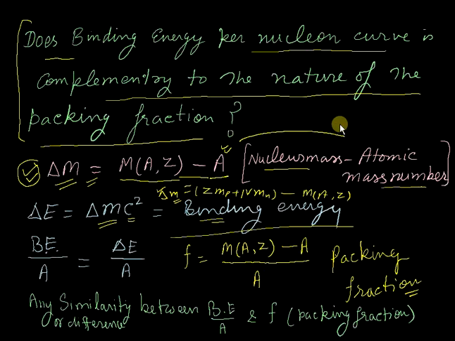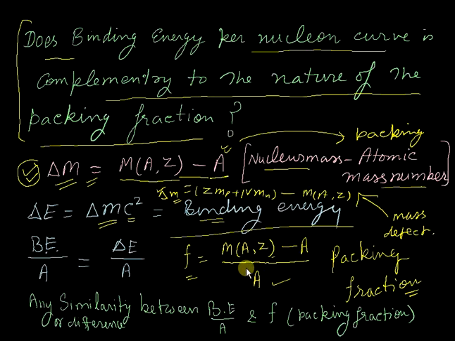So we used this idea in the packing fraction, and here this difference in the masses we had used in the mass defect. So packing fraction is equal to M(A,Z), the mass of the nucleus, minus A, divided by the mass number.